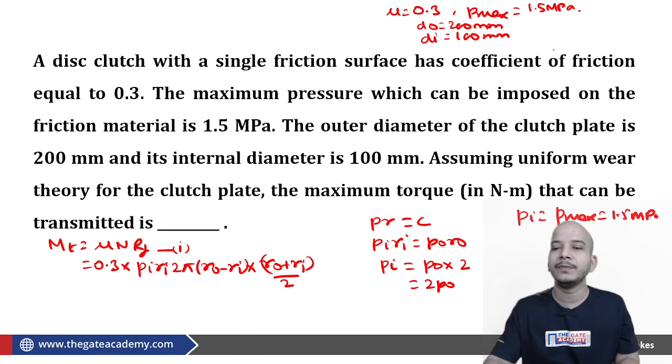Ro is equal to 100 mm and Ri is equal to 50 mm.